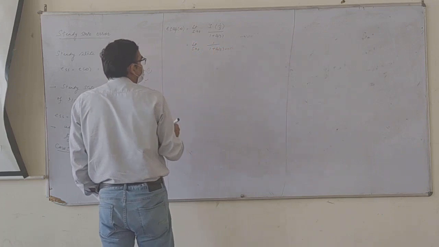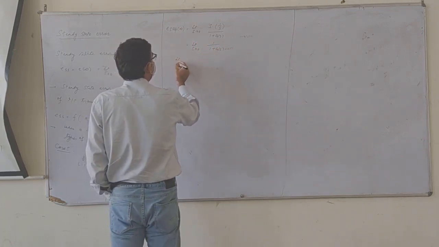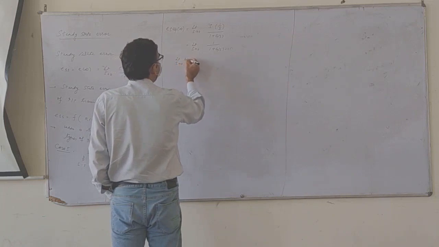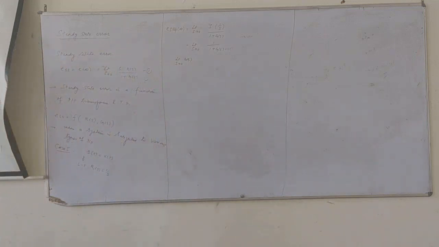Now in this case, there is a term called limit s tends to 0 of G of s, because 1 is a constant, and as s tends to 0 it will not have any influence.